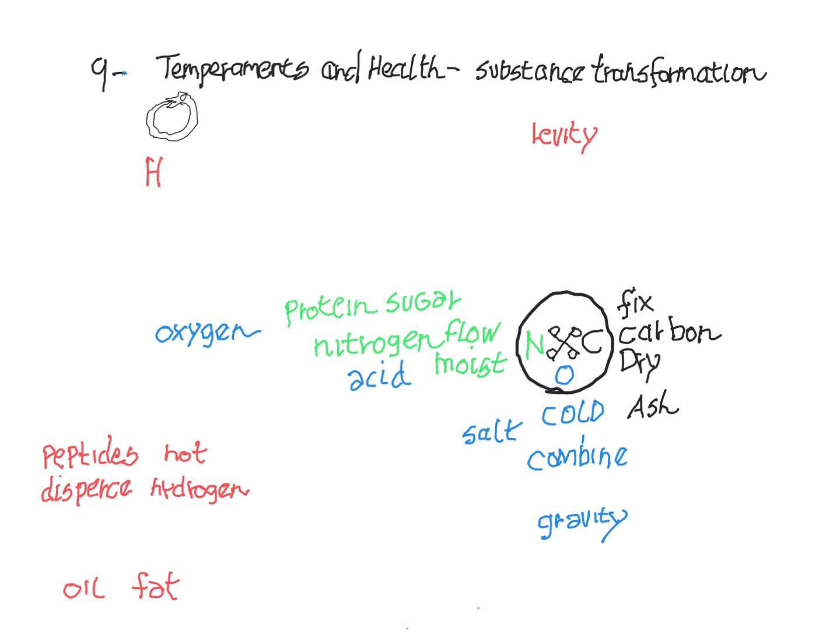So the moist quality, pulling things from oxygen into salt and acid interactions, gives rise to proteins and sugars. And proteins and sugars have a levity quality because they create conditions of flowing that create what are known as peptides, amino acids, through the action of hydrogen. And when acids and oxygen and proteins and sugars and salts come together in the forming of proteins, the agent that allows that to happen is hydrogen that is in the hot pole.